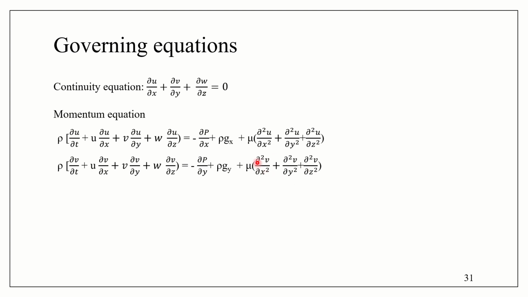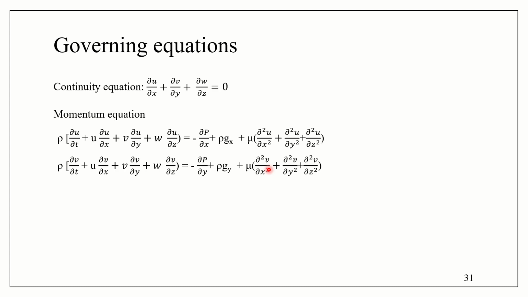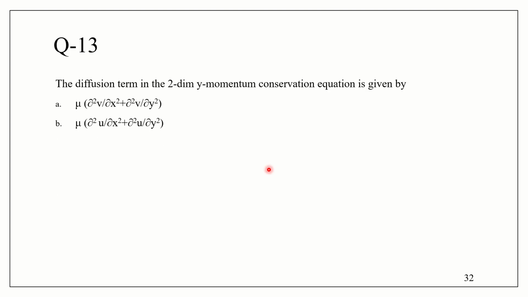So the diffusion term is mu times ∂²v/∂x² plus ∂²v/∂y² plus ∂²v/∂z². Again, we are neglecting the last one because we are only looking at the two-dimensional case. So mu times ∂²v/∂x² plus ∂²v/∂y² is the right answer, which is given by option A. So the answer is option A.